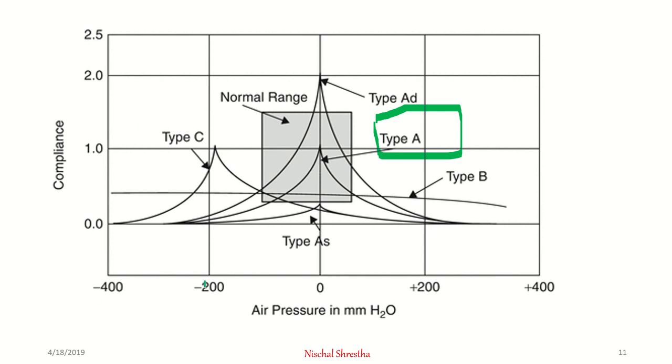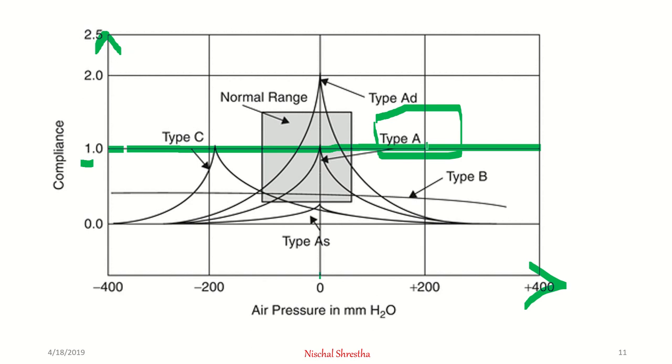So first look, this x-axis here denotes the air pressure, and y-axis denotes the compliance. And we take this 1 unit as a normal range for compliance on the y-axis. We take 0 as a normal range for air pressure, the EAC.